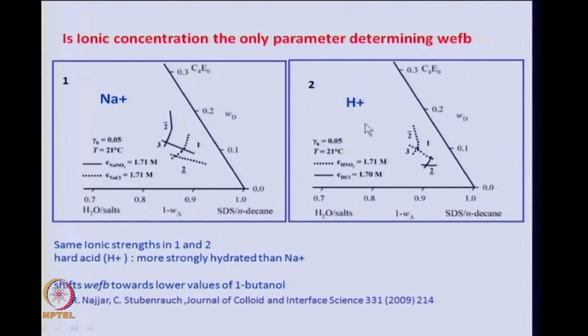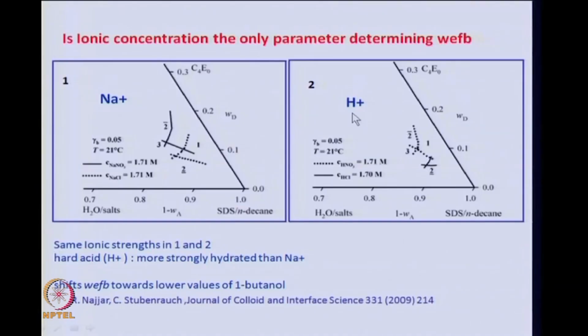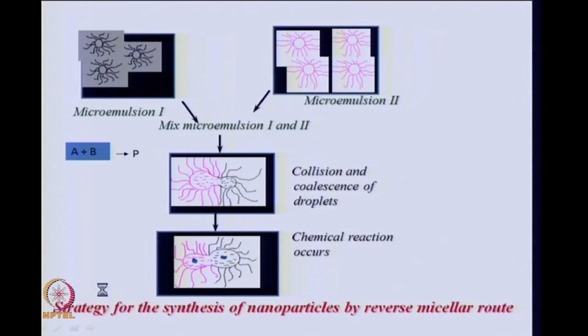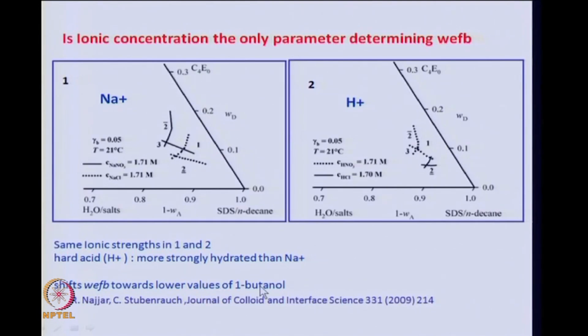And this is basically related to the hydration ability of H plus ion, which has more hydration ability compared to sodium ions. So, you can change this behavior of the WEFB or the water emulsification failure boundary to lower values of 1-butanol by adding salt.